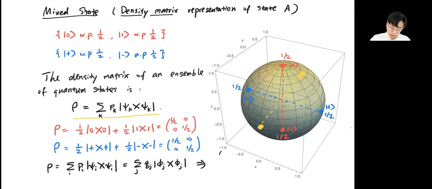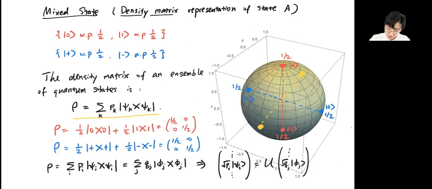It means that the vector of all the square root of p i times psi i, for different i, is related by some unitary matrix times the vector of all the square root of q j times phi j. And in general, this is true for multi-qubit quantum systems as well.